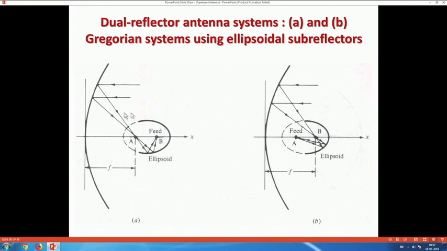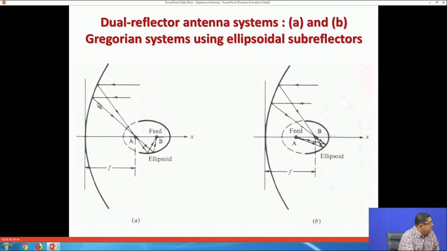This one is called the subreflector. The main thing is the paraboloid reflector, but this is the subreflector, an ellipsoid. So, in the Gregorian system, the rays from the feed get reflected by the subreflector and get focused at a point. They are allowed to continue and get reflected from the paraboloid to become parallel.